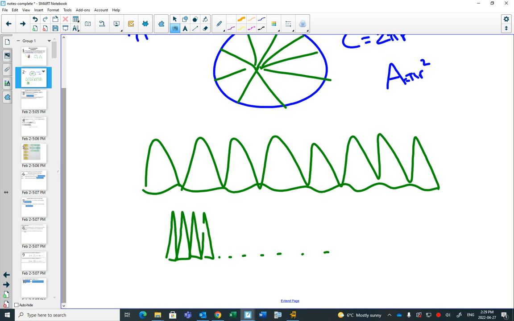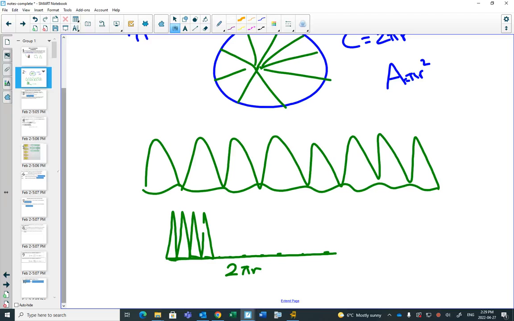And you would have a row of triangles that would have this length, exactly the length of your circumference. In fact, the smaller you make your triangles, the more this bumpy part would become perfectly flat.